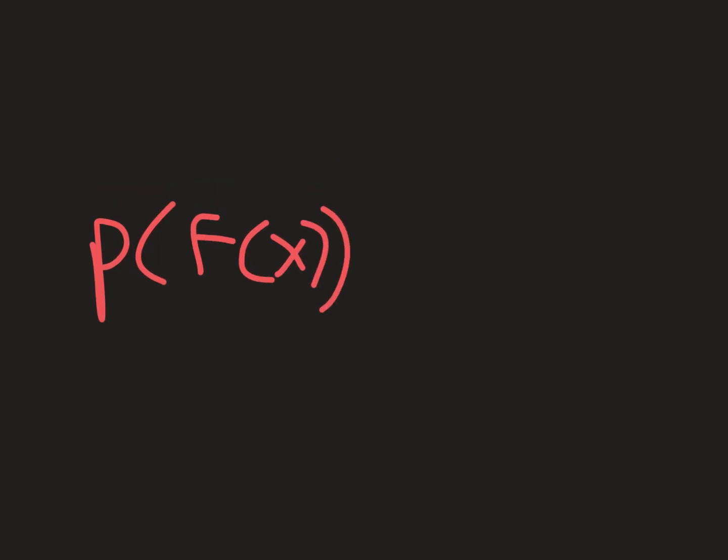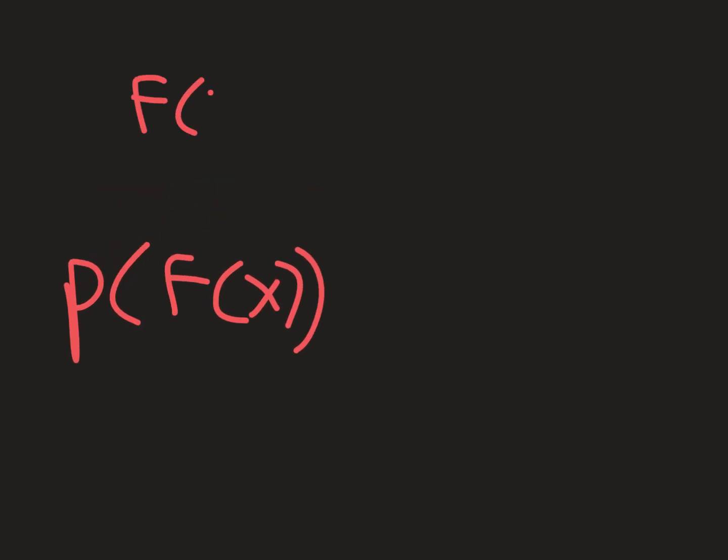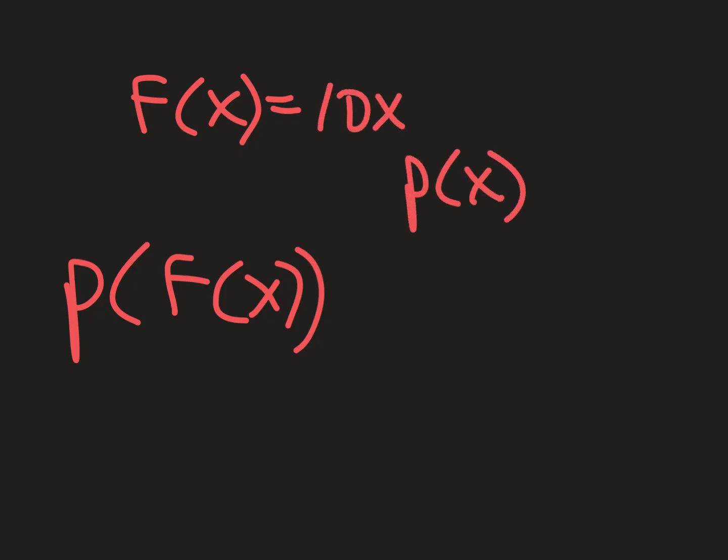We're going to do one more, though, to make sure you've got this. So what if I asked you to do p of f of x, and I told you that f of x is 10x, and p of x is x squared minus 6. Always start on the inside.